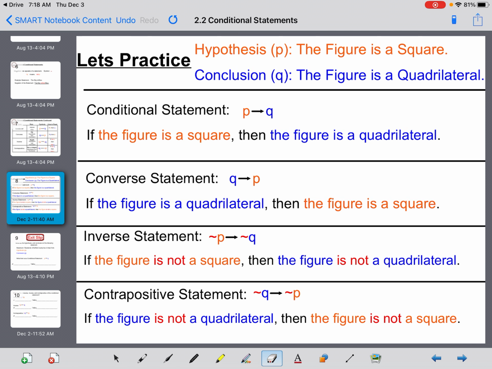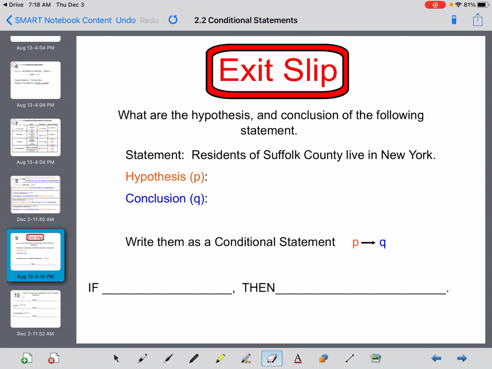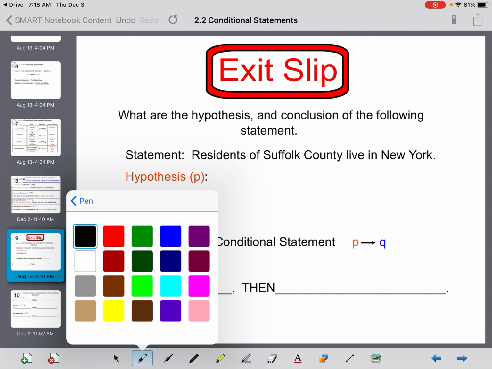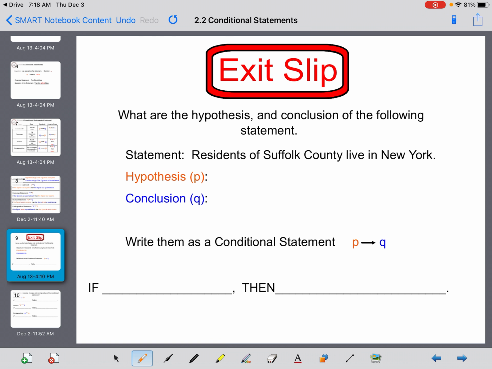Okay. I know there's a lot to write down there. Feel free to pause the video if you need. Exit slip. What are the hypothesis and conclusion of the following statement? The statement is residents of Suffolk County live in New York. So your hypothesis is what? Let's break this down into 2 sections.